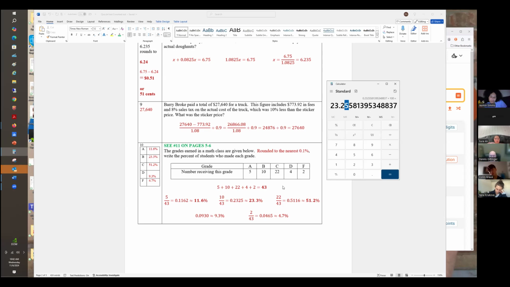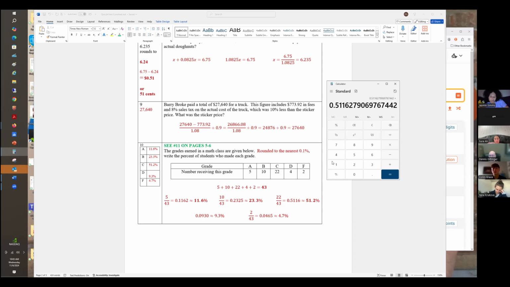All right, C's were 22. And you get that. You can probably look at this now and say, well, that's 51.16%. So that's got to be 51.2. And that's absolutely fine. Or you can move the point physically, put it on a piece of paper and put 51.16, and the 6 is not big enough.